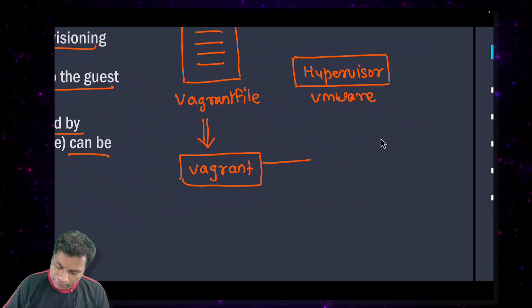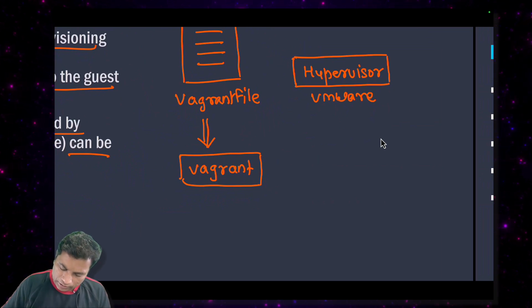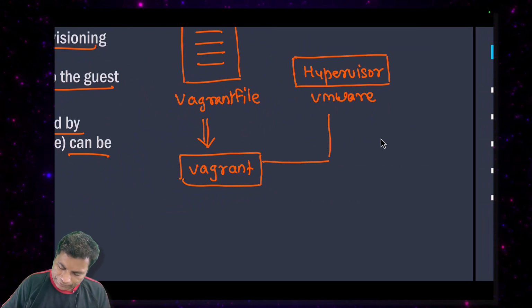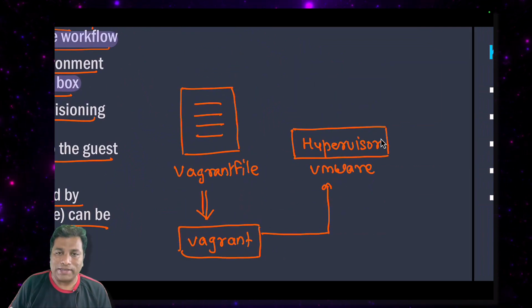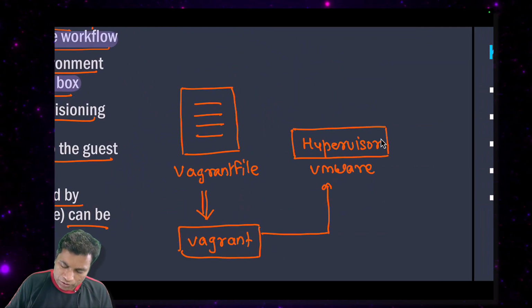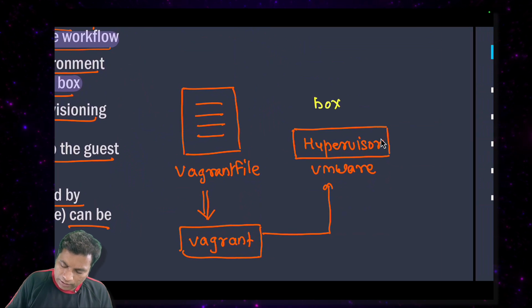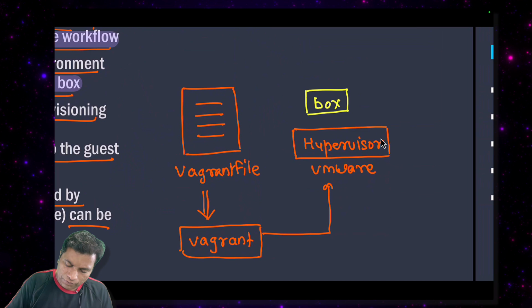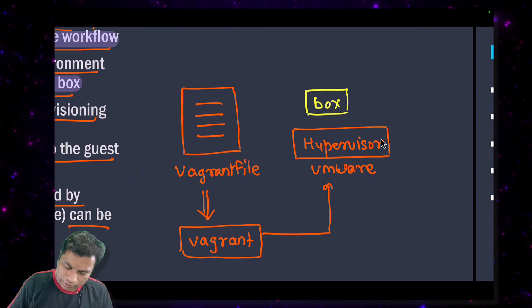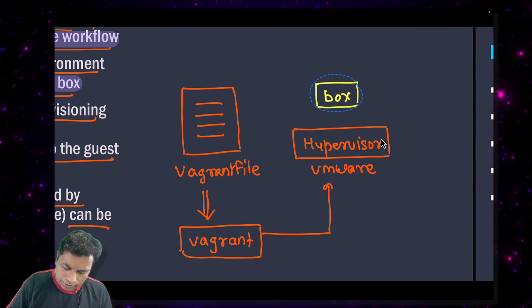So Vagrant will connect to the hypervisor that you have selected, and then it uses the box which is configured inside the Vagrant file. So consider this as my golden image called a box. This box has everything VMware, or the selected hypervisor, requires to create the virtual machine.